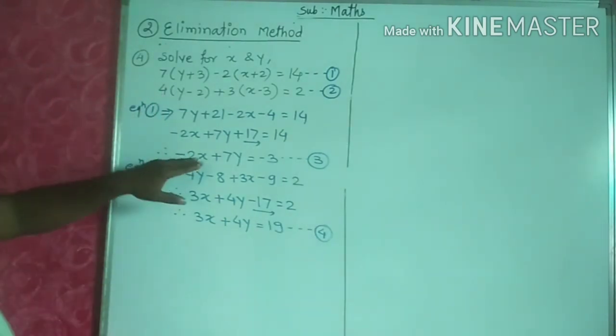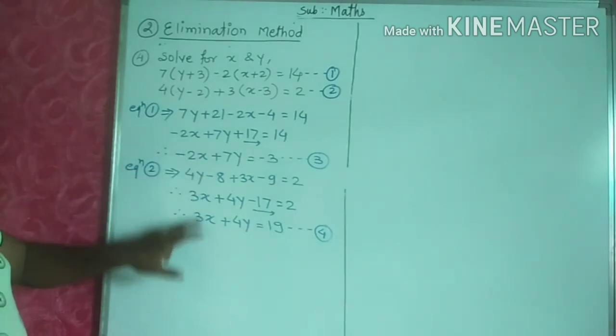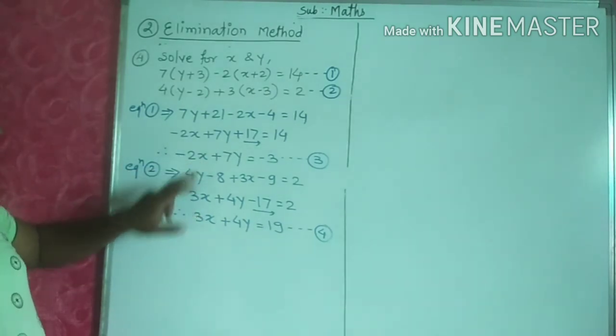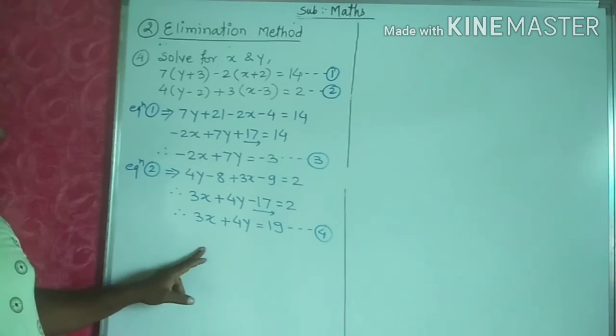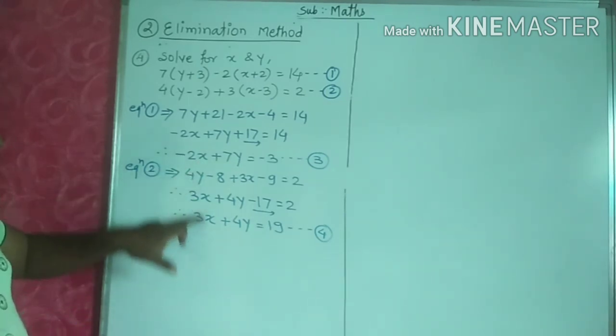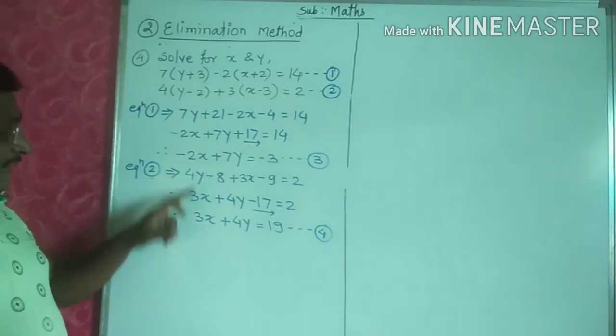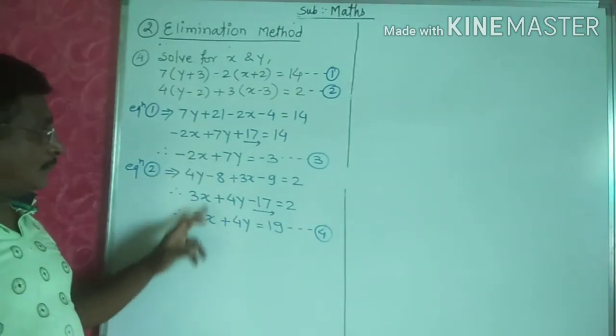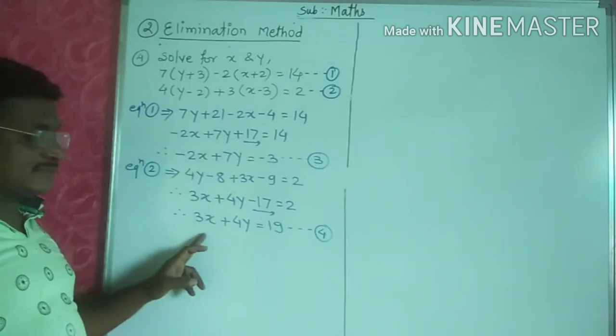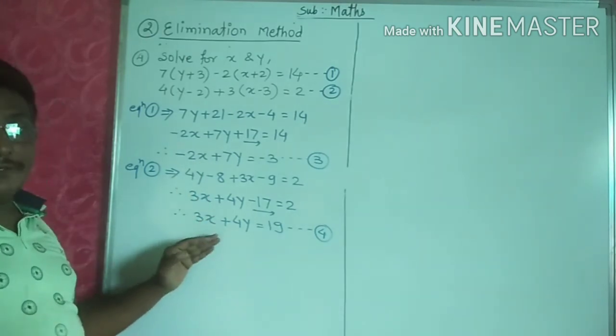So now any one variable's coefficient has to be made equal. So here the x variable sign is opposite. We have to make the coefficient of x the same, equal.